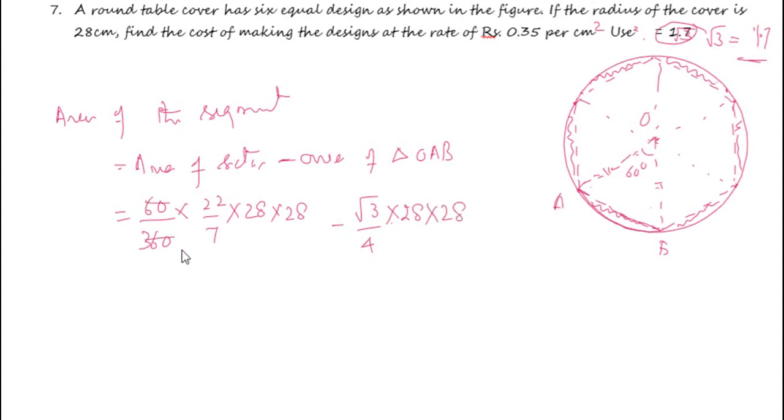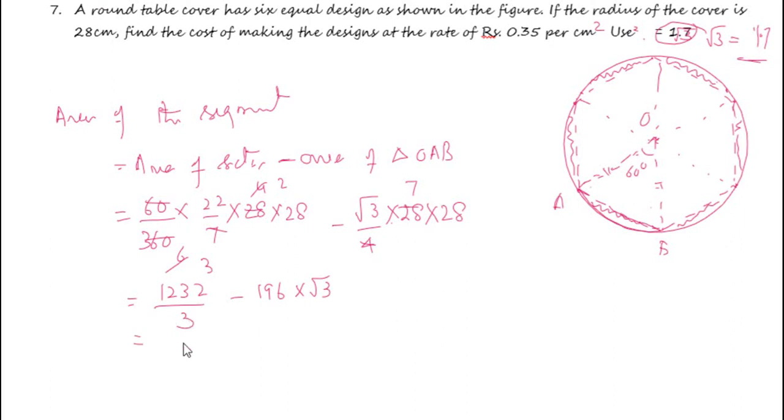So 7 1s are 7, 4 7s are 28, 22 into 2, 44 into 28 comes to 1232 divided by 3 minus 7 into 28, that is 196 into root 3.